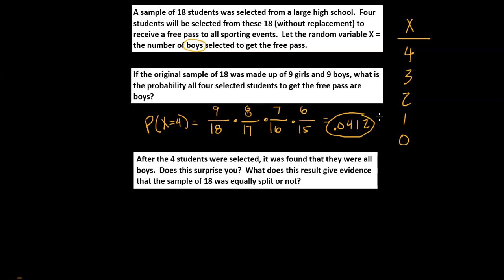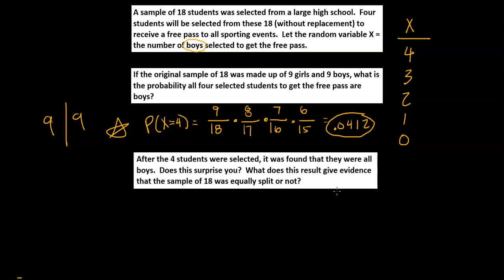So this next question is actually a really good one. Does this result give evidence that the sample of 18 was equally split or not? Remember, we found this probability on the assumption of 9 boys and 9 girls. So if all 4 boys are selected, does this tell me that my sample was equally split or not?